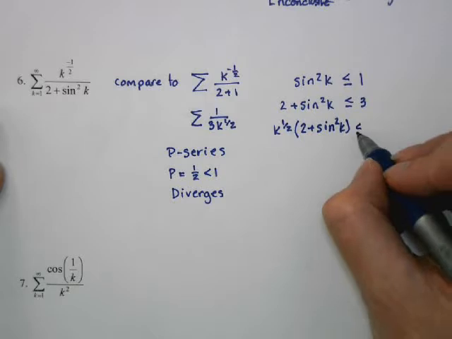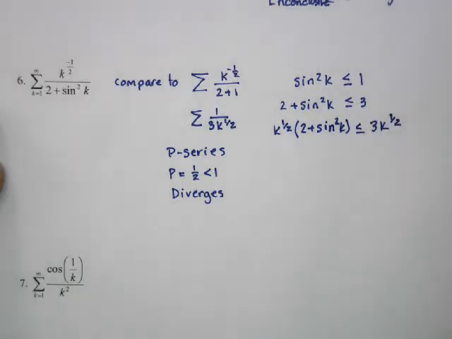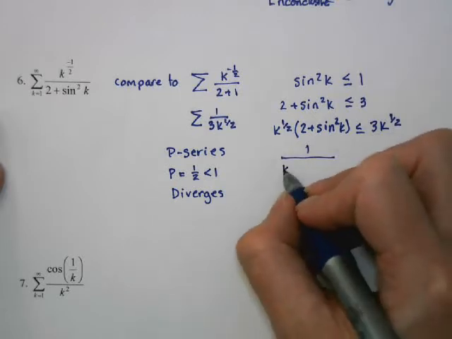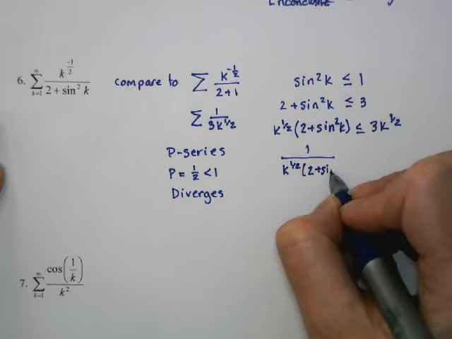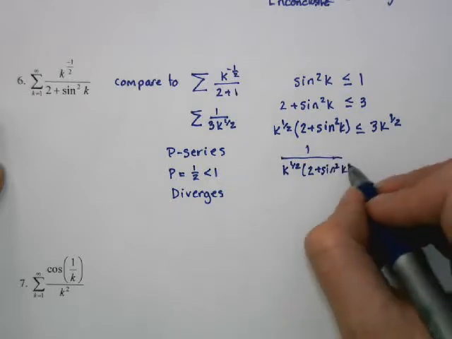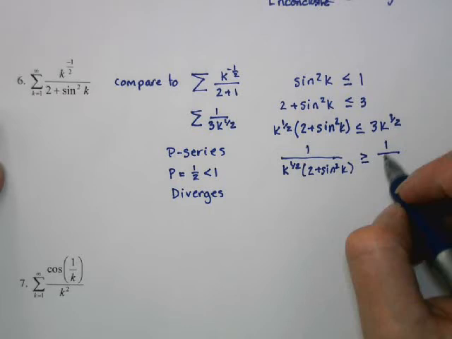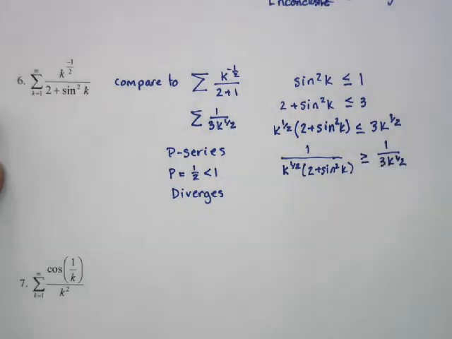Okay, then I'll multiply by k to the 1/2. So 1 over k to the 1/2 times 2 plus sine squared k is going to be bigger than or equal to 1 over 3k to the 1/2.